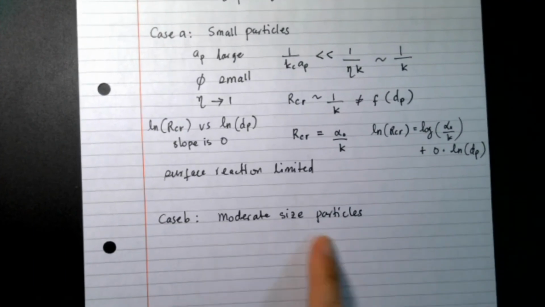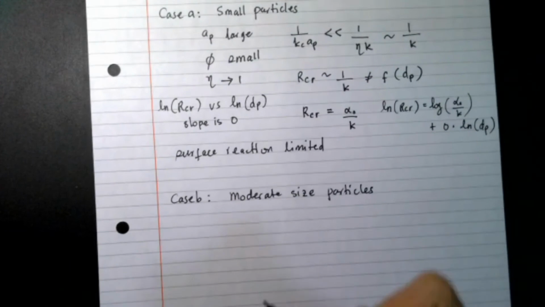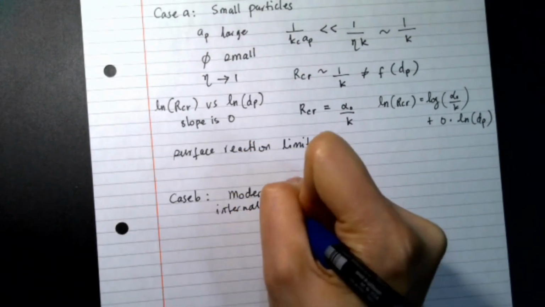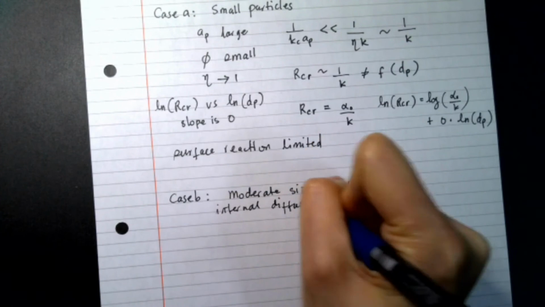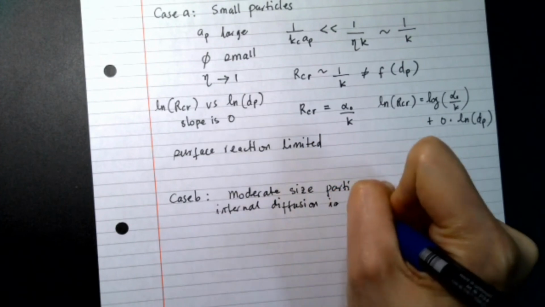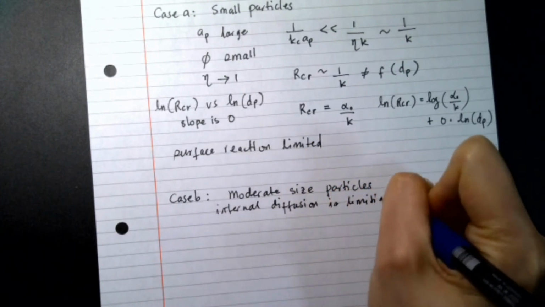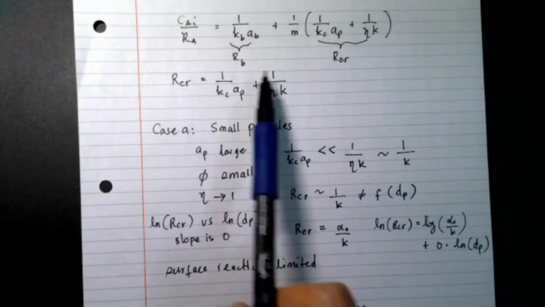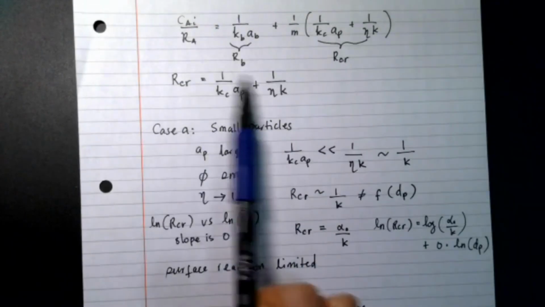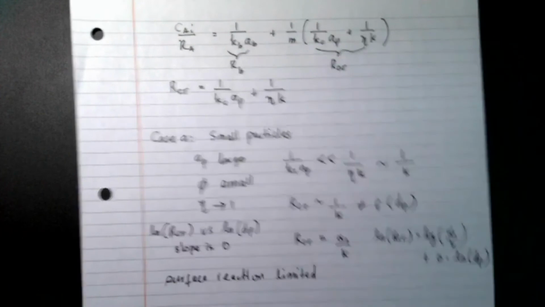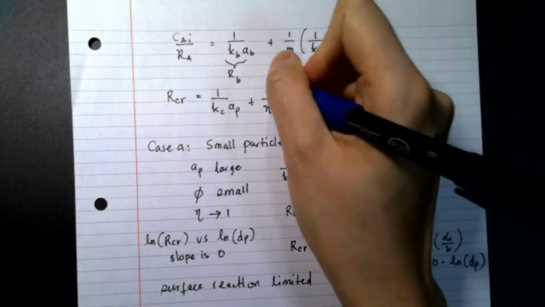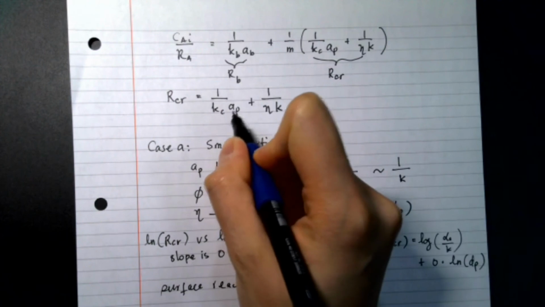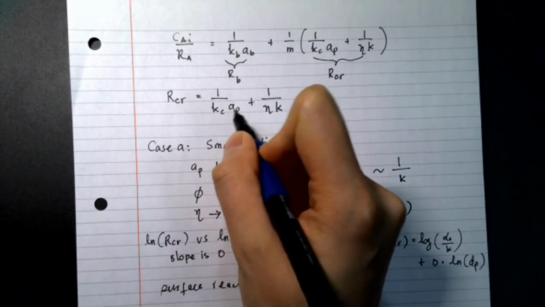For moderately sized particles, we know that internal diffusion is limiting. Looking at this expression for RCR, for moderately sized particles this term still dominates, because this AP is still significantly large.